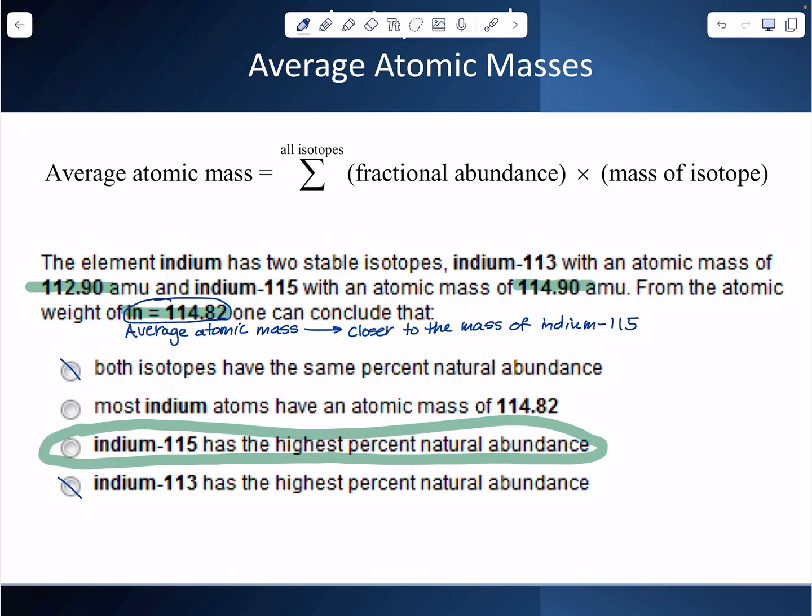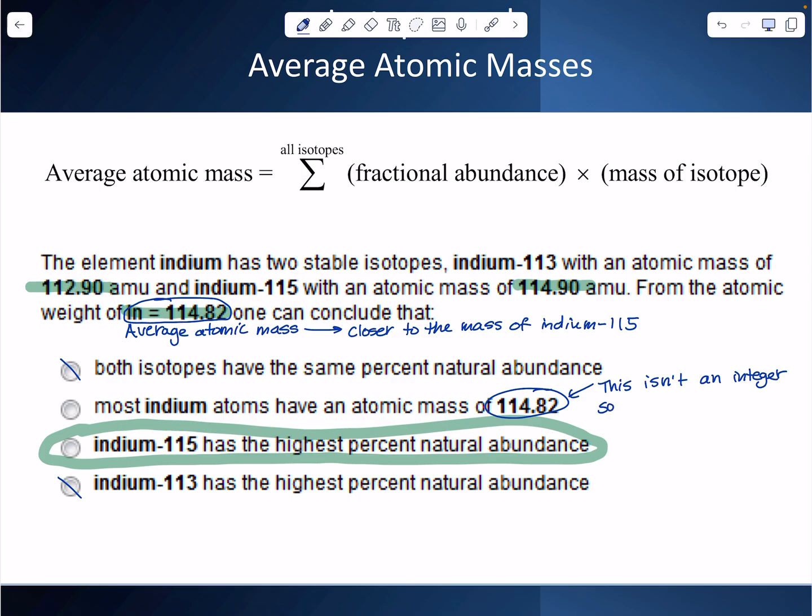It's a real number. And remember, for an individual atom, the mass in atomic mass units is the sum of the number of protons and the number of neutrons it has. So it's always going to be an integer, okay? So this isn't an integer, okay?